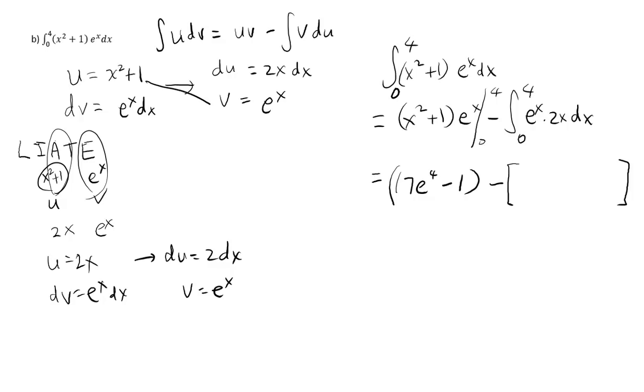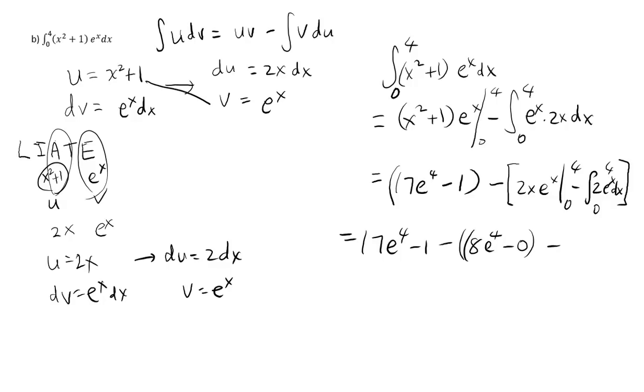So uv is 2x times e to the x, and you plug in 0 and 4, and then minus v du, so e to the x times 2 times dx, so it's the integral of 2 e to the x dx from 0 to 4. Okay, so that's 17 e to the 4 minus 1. When you plug in 4, that's minus 8 e to the 4, minus, when you plug in 0, that's nothing.